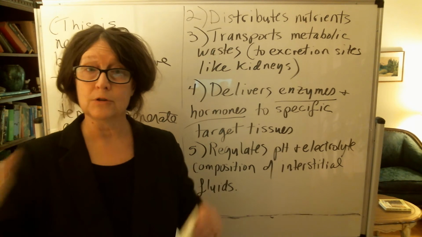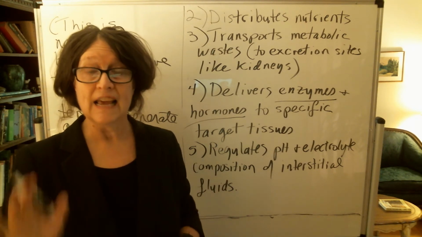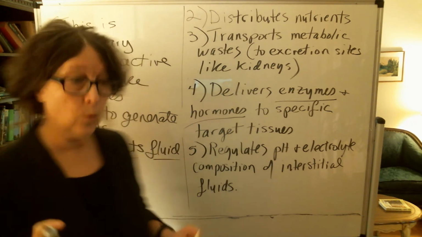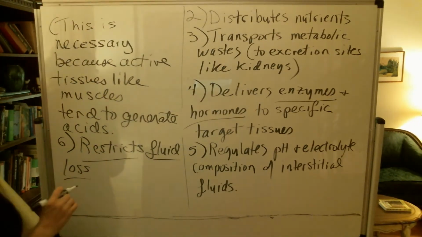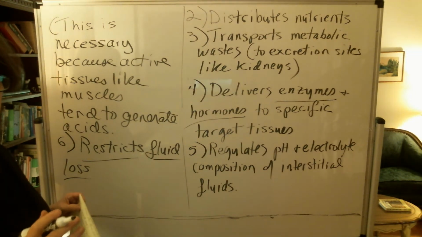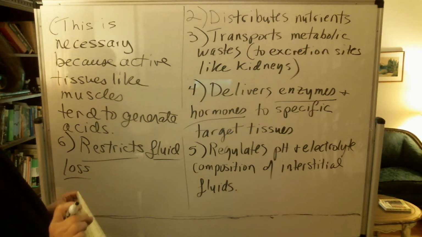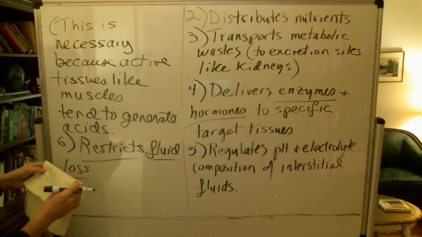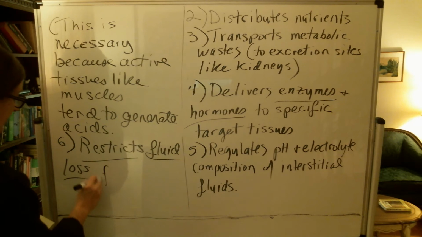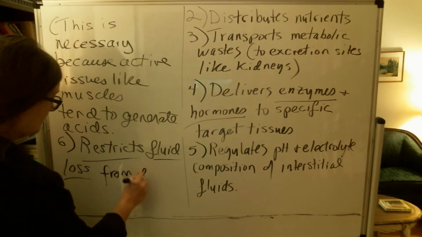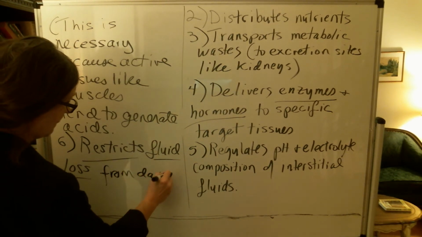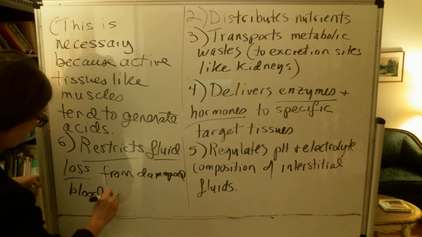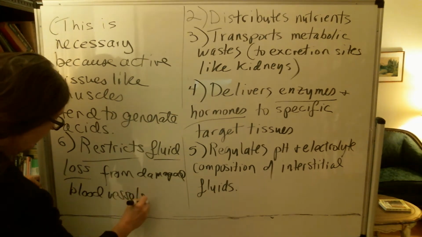Blood actually also lays down the healing structures inside your blood vessels in order to heal a wound. So, as I said, rather than the blood just flowing out of your blood vessels when you get a cut, the blood helps repair it. So it restricts fluid loss then from damaged blood vessels.